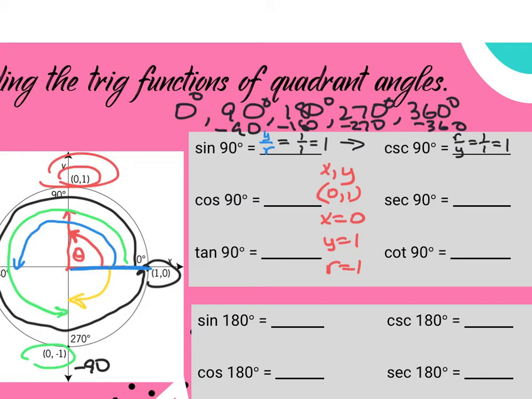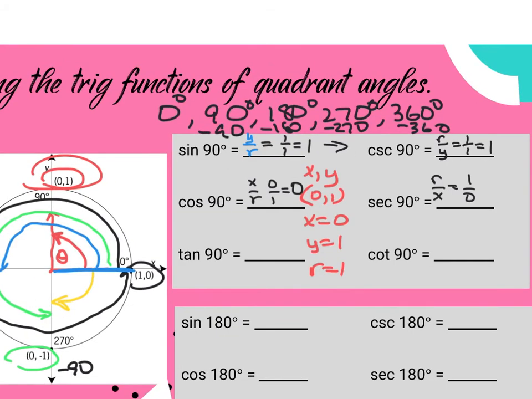For cosine, this one uses x over r. This one is 0 over 1. When the zero's in the numerator, it simplifies to 0. However, when I flip it to its reciprocal, and it's r over x, now my zero's in the denominator. This is undefined, so this is no solution.